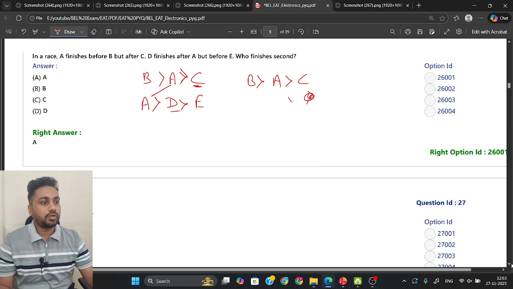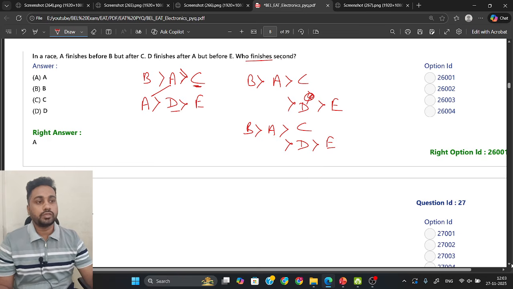After A only you will get either D or E, like that the sequence will be. So C, A, B, and D or E follow in the sequence. So now he is asking who finished second. So A is in the second position. Option A is your right answer.